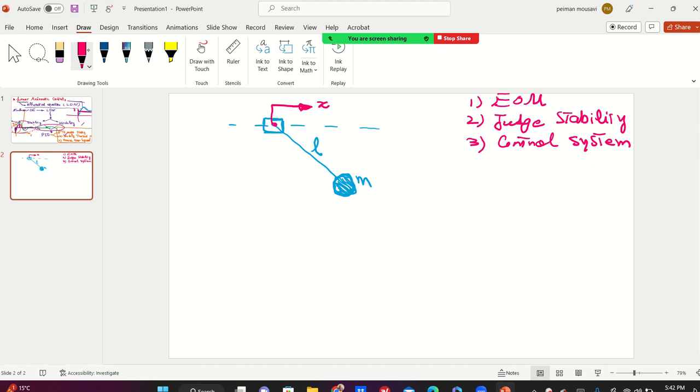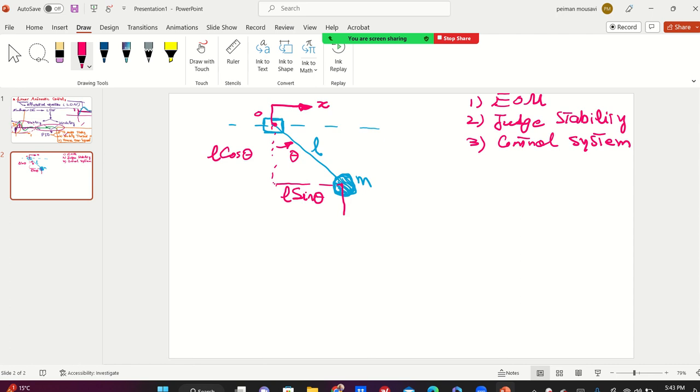So, I'm naming this point O. Why did I select this example? Because I have a lesson for you at the end. If the angle theta is increasing, here is L cosine theta, here is L sine theta.